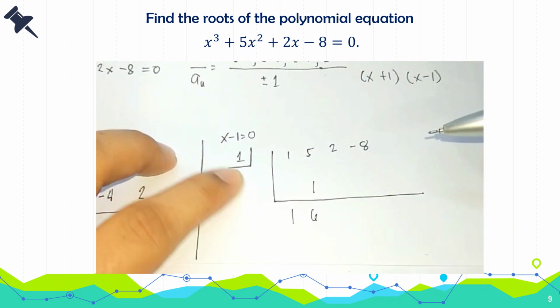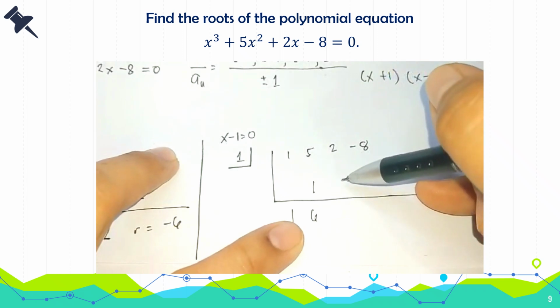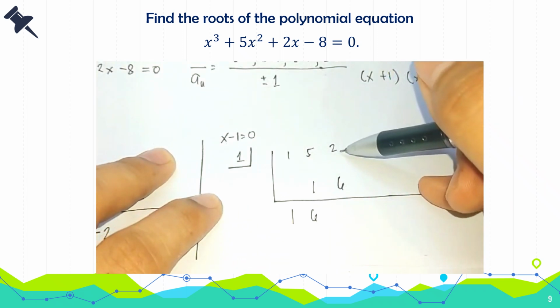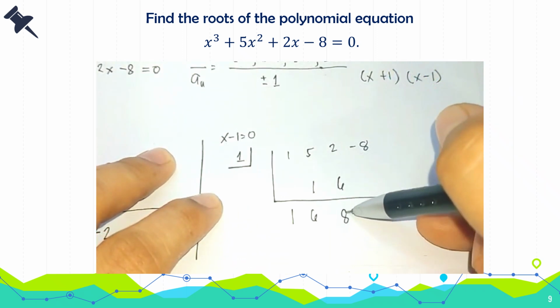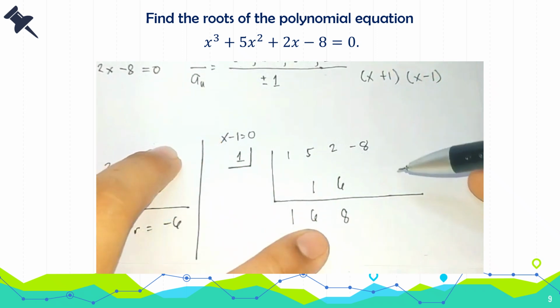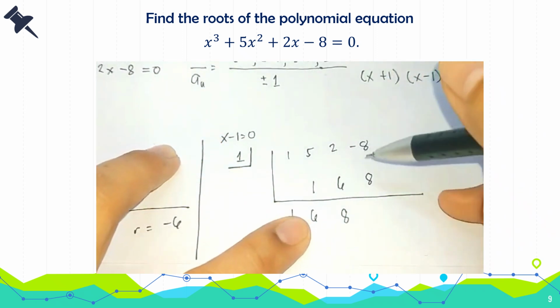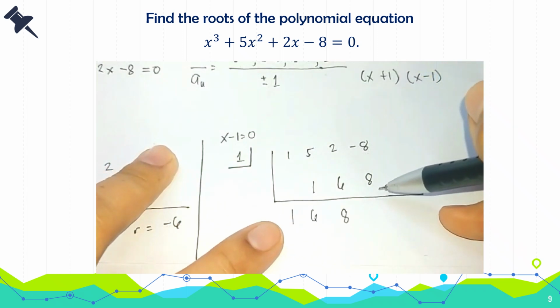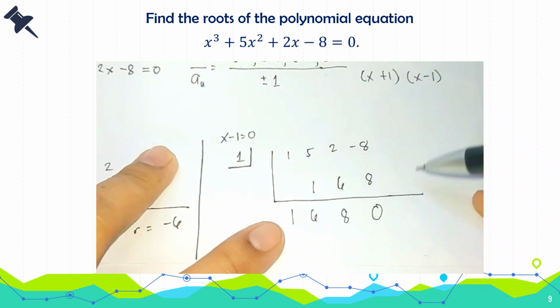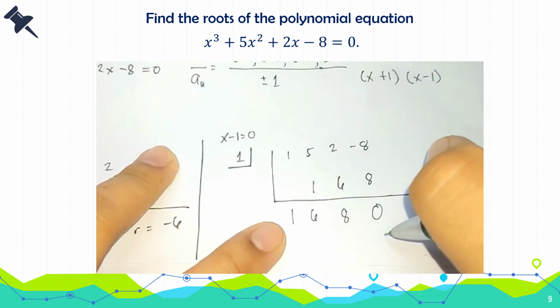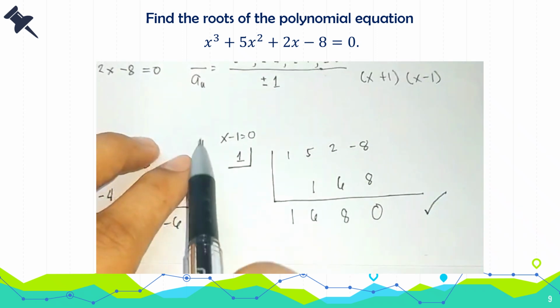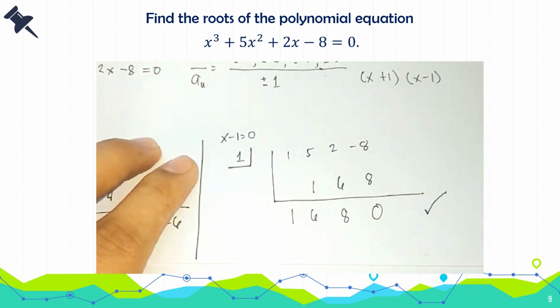Then we have 1 times 6 will give us 6. 2 plus 6 will give us 8. 1 times 8 will give us 8. Negative 8 plus 8 will give us 0. Therefore, if the remainder is 0, this is a factor.